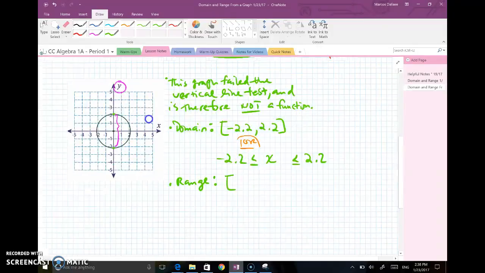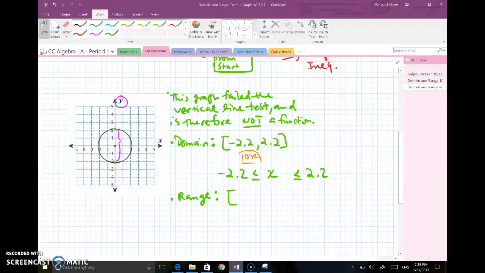So our range has to be about the height of this thing. So this is from -2.2 to +2.2. Again, everything is closed because there are no breaks in the circle. But this time, because we're dealing with the y's, the outputs, the dependents, we put the letter y in there. Okay? And as an inequality, it would look like this.